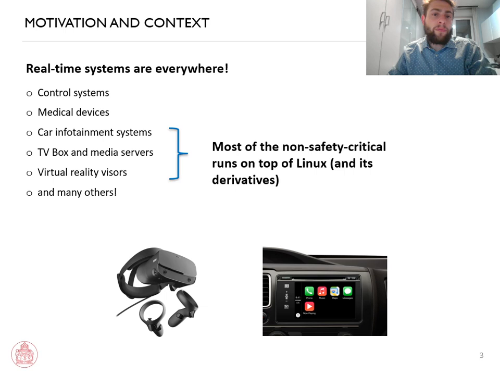Linux and derived operating systems are a common choice for non-safety critical applications, especially when they must support a rich set of multimedia peripherals. Also, thanks to the number of libraries and tools that have been developed.